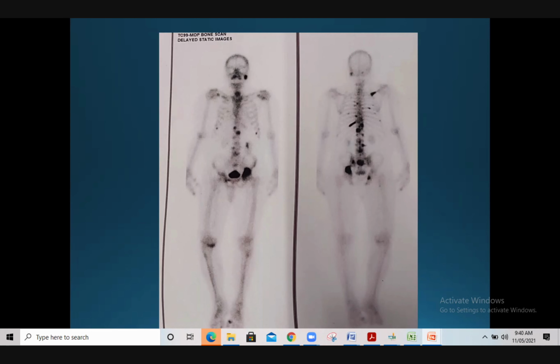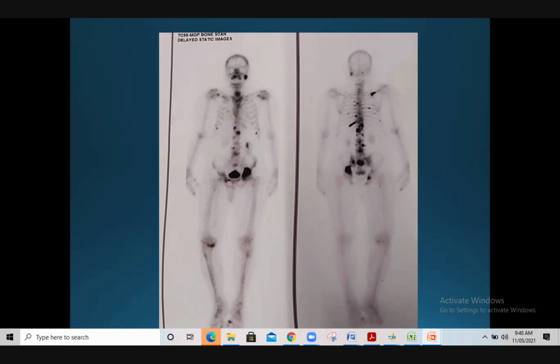Is this a super scan? In the bone scan, you have what is called a super scan. Is this a super scan, I'm asking? No, sir. Why? Technetium. Anybody? Is this a super scan or not?